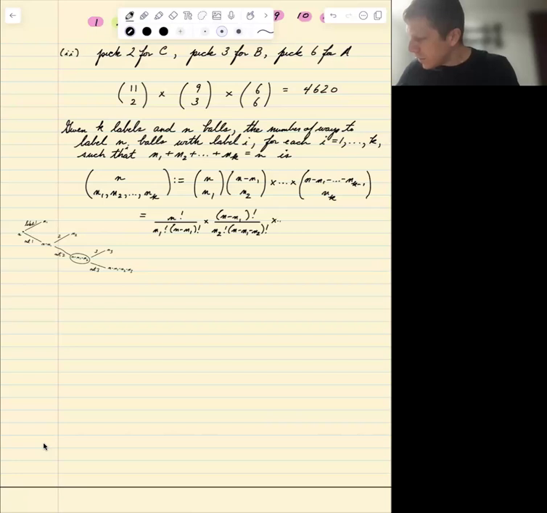So on and so forth, down to n minus n1 minus ... n sub k minus 1, choose n sub k. That's going to be n minus n1 minus ... n sub k minus 1 factorial divided by n sub k factorial, times n minus the whole thing, everything, factorial. All right.